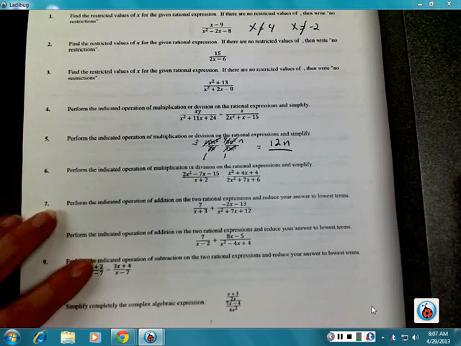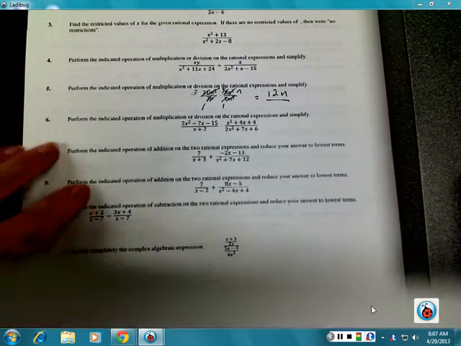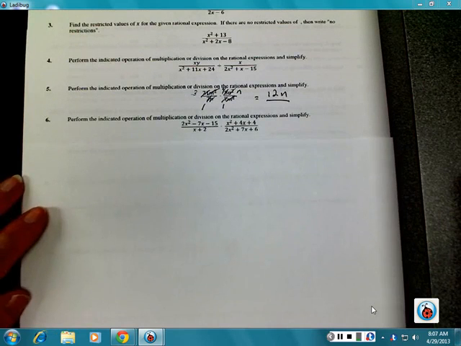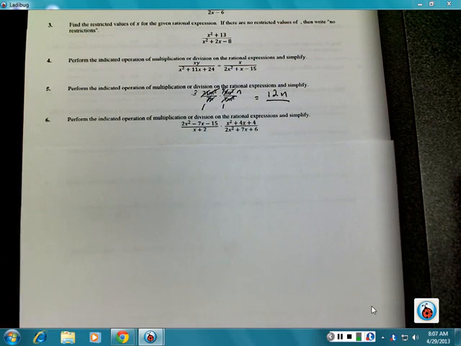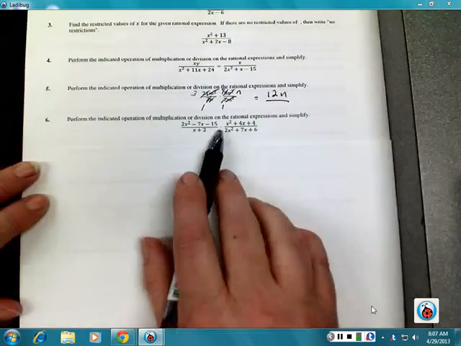Okay, anything in Chapter 7? Chapter 7's good? No, number 6. Which one? Number 6. Okay. Number 6. So if we put number 6 up here, number 6 happens to be that big long thing. So we've got a multiplication in the middle.